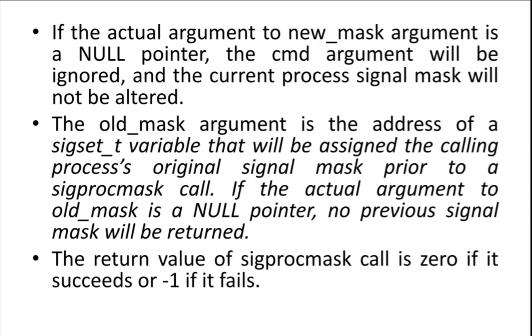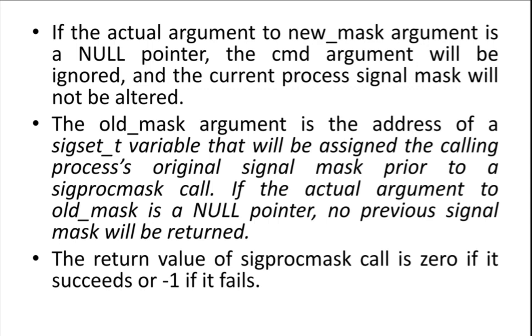Getting, guys? Next, the old mask argument is the address of the sigset_t variable that will be assigned the calling process original signal mask prior to a sigprocmask call. In simple words, the old mask argument contains the original signal mask. It is the old signal mask.